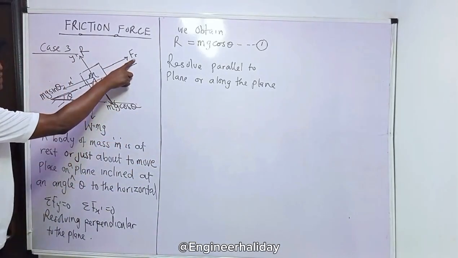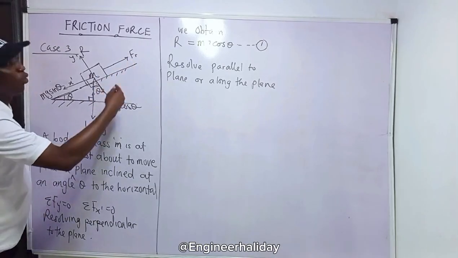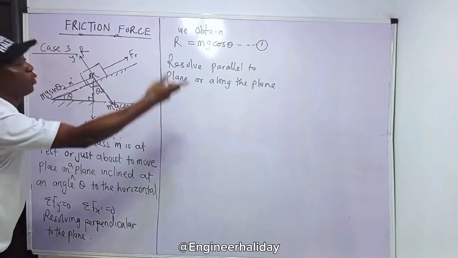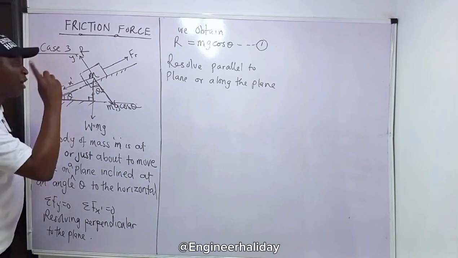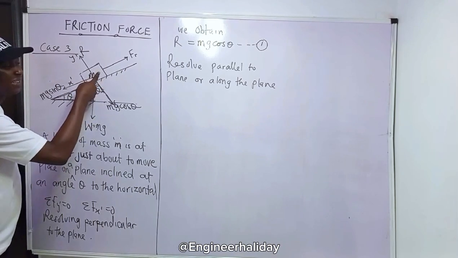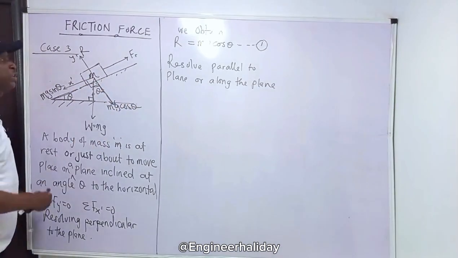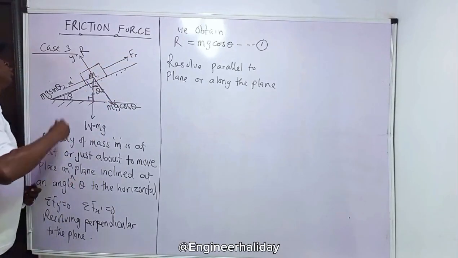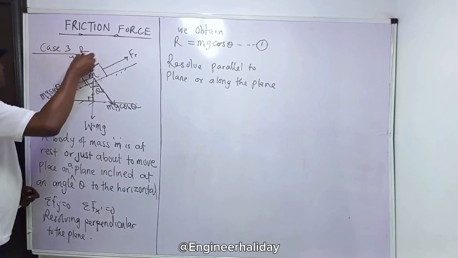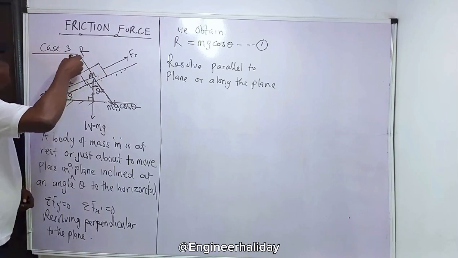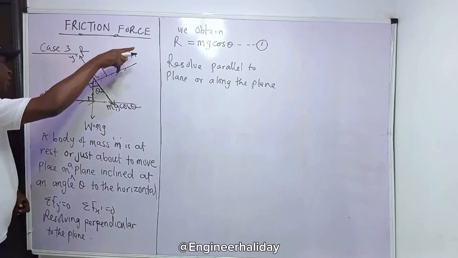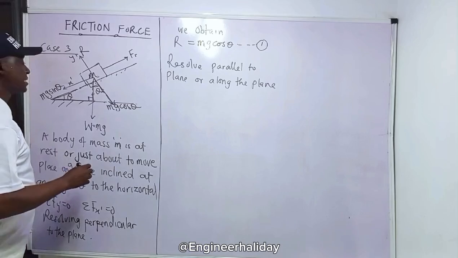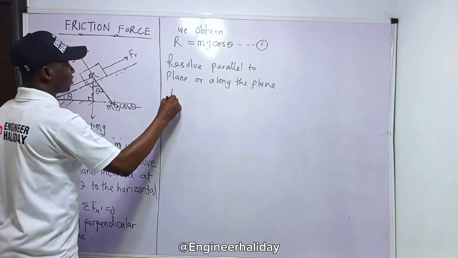And don't forget, the definition of friction is that it acts in a direction to oppose relative motion of two bodies in contact, where one slides over the other. This one is sliding over the surface, so the frictional force will oppose the tendency of motion. Although we are assuming that the body is at rest, the direction of motion will be in that way.